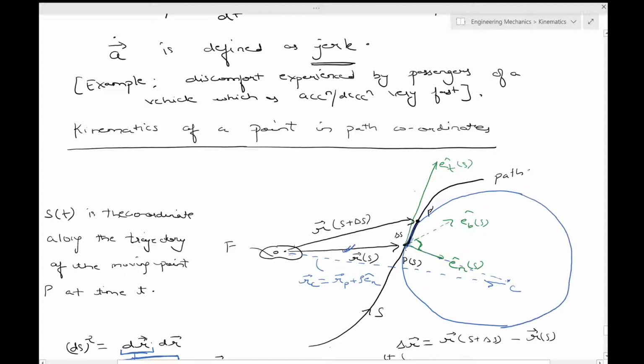Not the ideal circle, but I hope you get the idea behind this. So this is called the circle of curvature. Rho is called the radius of curvature. From here to here is this radius, that value is rho.